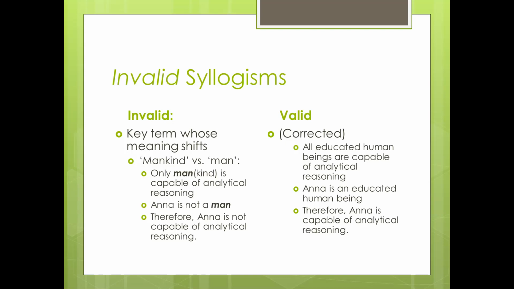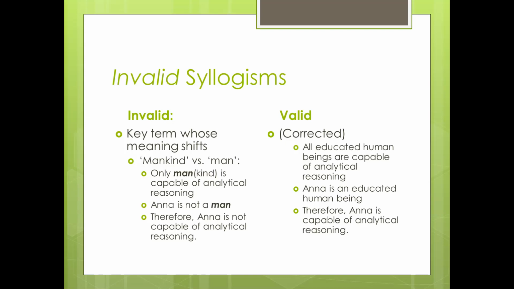But when we get to the conclusion, therefore Anna is not capable of analytical reasoning, we've run into a problem. Because clearly the term man referred to all of mankind in the initial major premise, but the fact that Anna is not a man, denoting her gender, is at issue because the key term shifted.